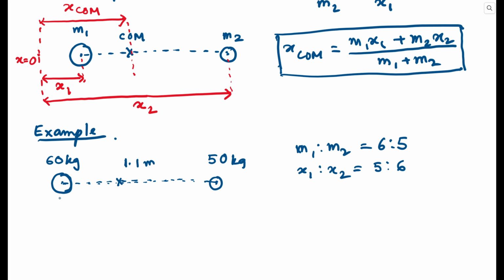That means this side over here, x1, will be 5 parts of the entire distance, and this x2 over here will be 6 parts of this entire distance.